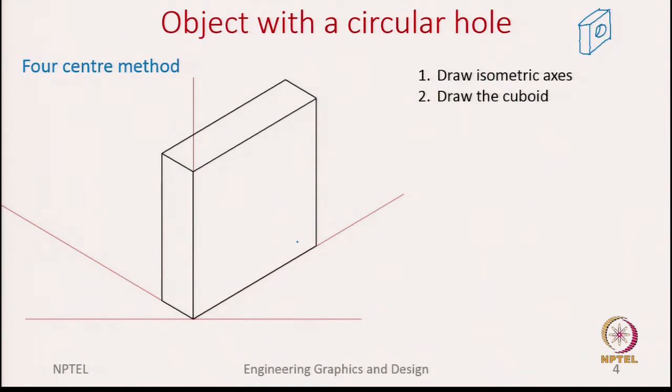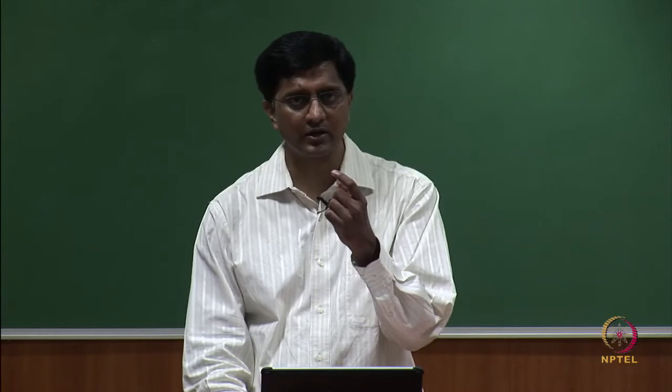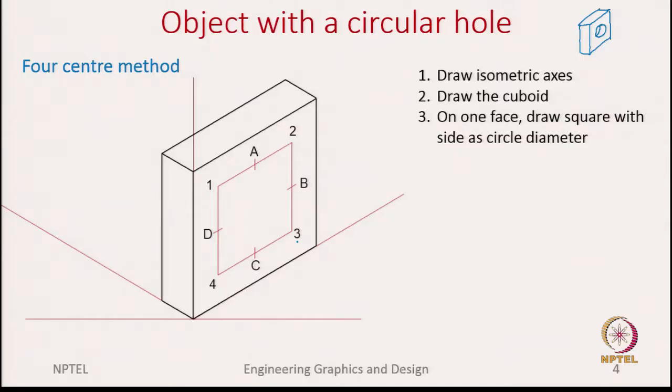Okay. Next is the point where we try to start capturing the circle as an ellipse in the isometric drawings. For that, what I do is first identify the diameter of this circular hole and then draw a square in the face. The size of the square is the circle diameter.